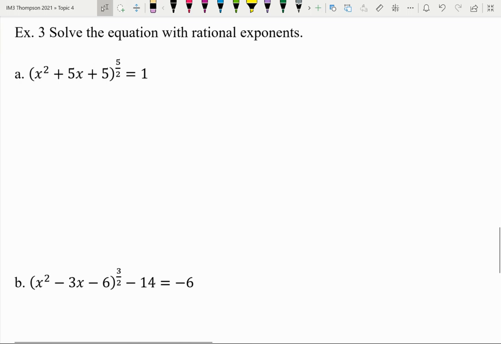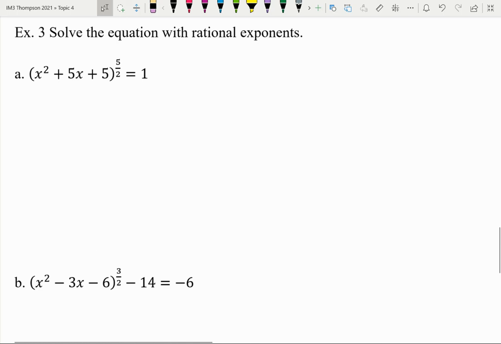I think I'm going to pick to do B over A because it has an added step. So instead of doing both of them, let's do B. Solve the equation with rational exponents. And we'll do B, this one way down here.